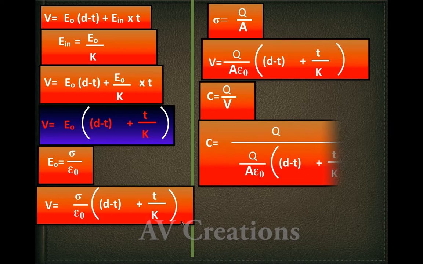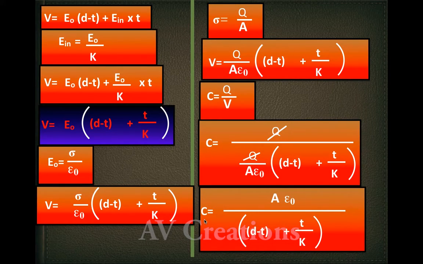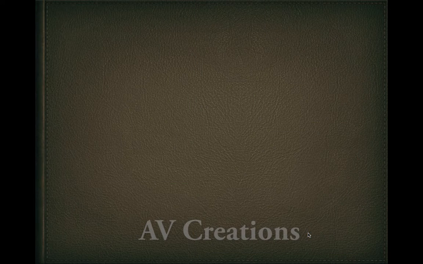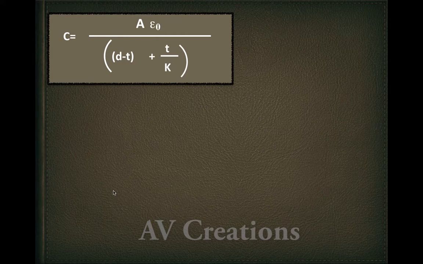So C equal to Q divided by Q upon A epsilon 0 into D minus T plus T by K. This Q and this Q will cancel each other, and the equation will be C equal to A epsilon 0 all divided by D minus T plus T by K. So this is the final equation.